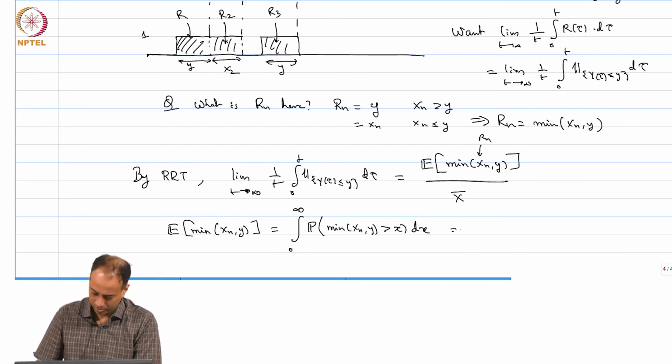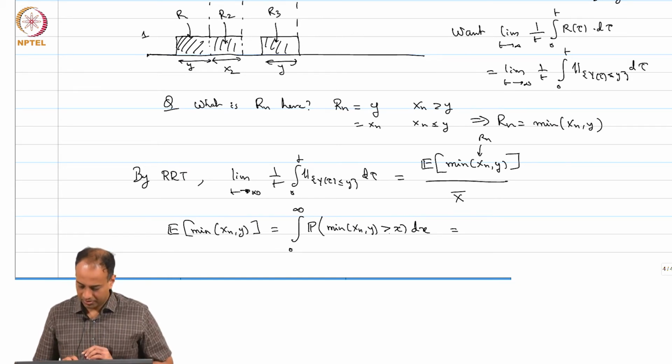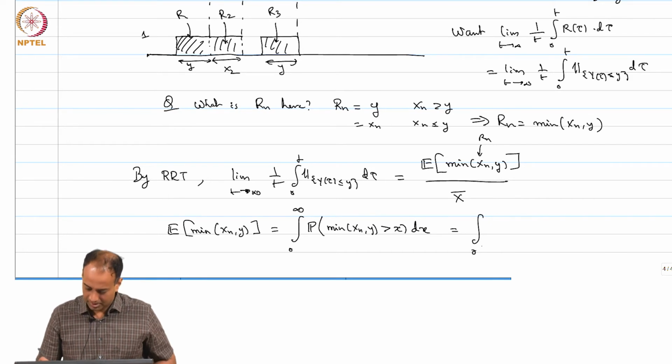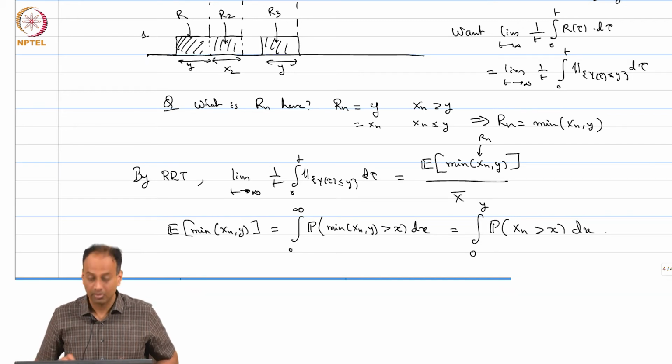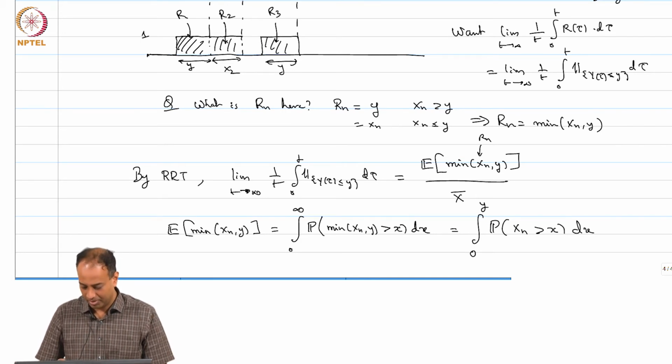Now, what does this boil down to? This will become the integral 0 to y of the probability that min of x n comma y is greater than x, because x cannot go from 0 to infinity: when x is bigger than y the integrand becomes 0, correct.